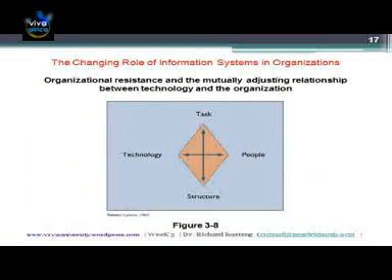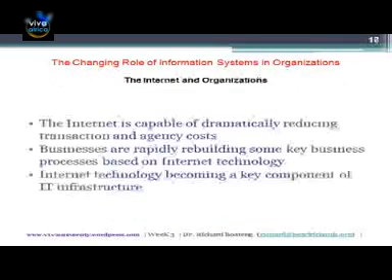So managers have always faced the challenge of creating a delicate balance between the tasks that are assigned in a firm, the structure, the people, and the technology that may be used to manage all the tasks, the people, and the structure. You have to find a delicate balance between these 4 points of the diamond.